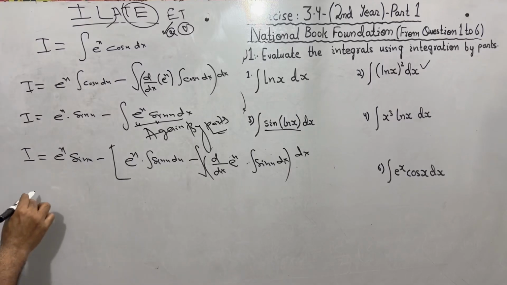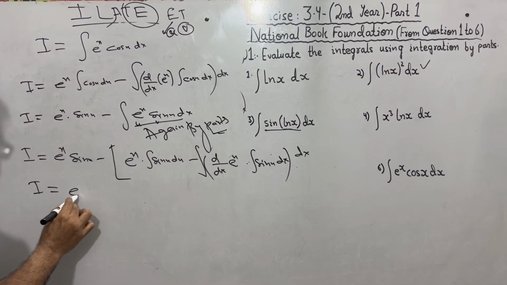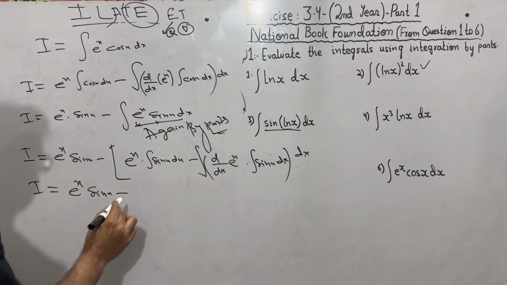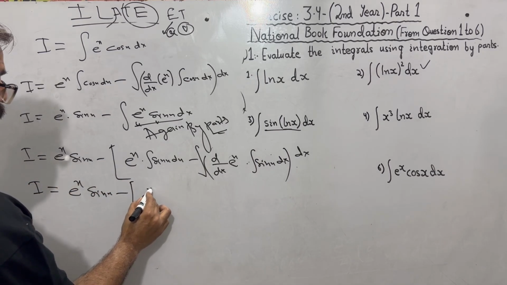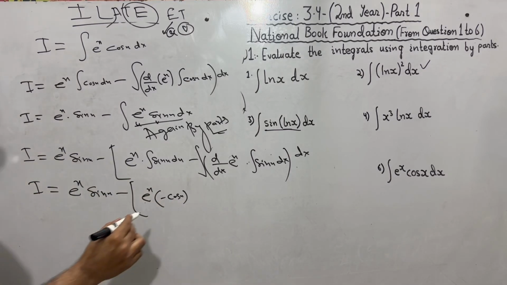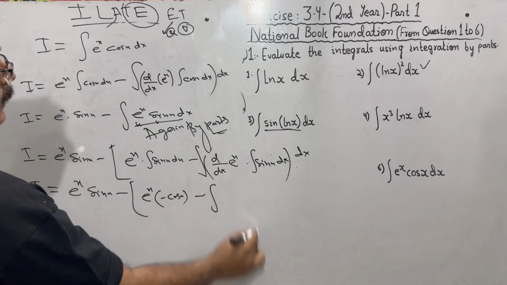Okay, we have I is equal to e raised x sin x. Integration of sine is minus cos, minus the whole integral.